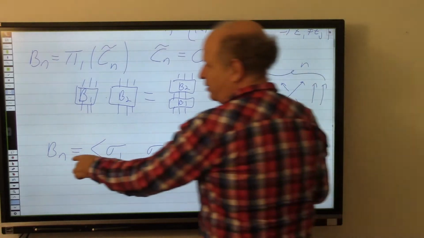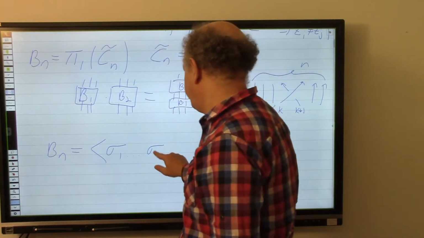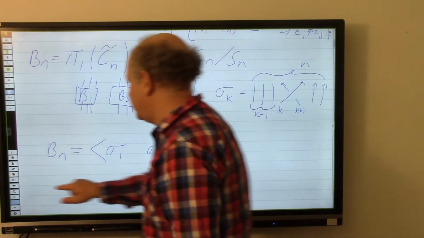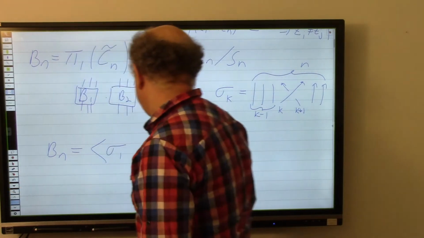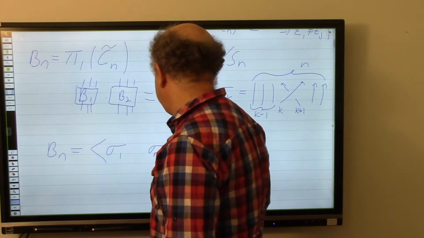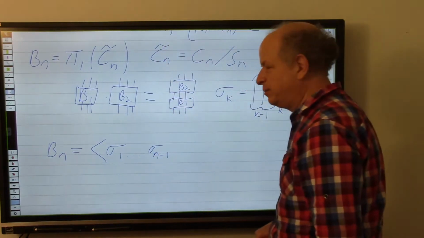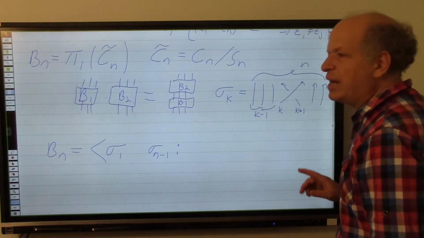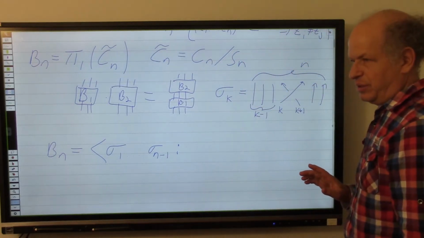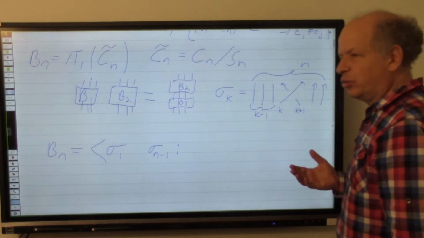If I'm looking at n strands, I can only go up to sigma n minus 1. And then it is subject to two relations. Okay? So what are the two relations?